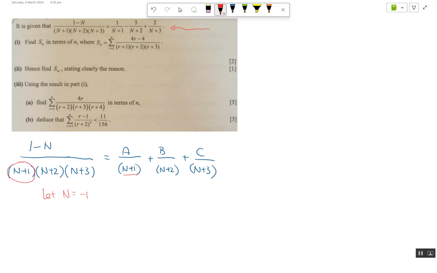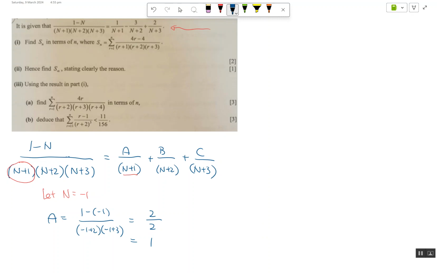If I sub it in, it is going to give me an undefined answer. So I let n equal to -1 and I cover this n plus 1. So I substitute inside, I will get a equals 1 minus -1 over -1 plus 2 and -1 plus 3. Then you are going to get 2 over 2, which is 1. So that's how I get my a.